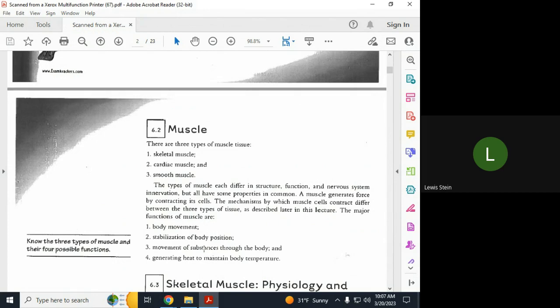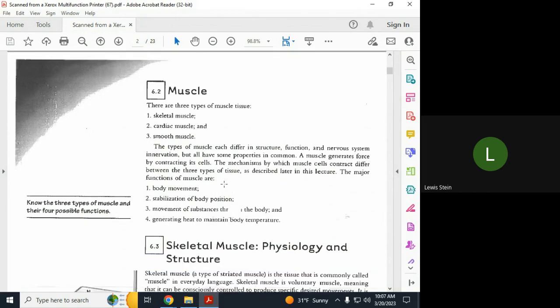Of course, skeletal muscle is, by definition, striated and voluntary. Cardiac and smooth are involuntary, because we don't consciously control those. By definition, we consider cardiac to be striated because we can see the striations microscopically, and smooth is smooth because we can't see the striations. That is the way it's described.